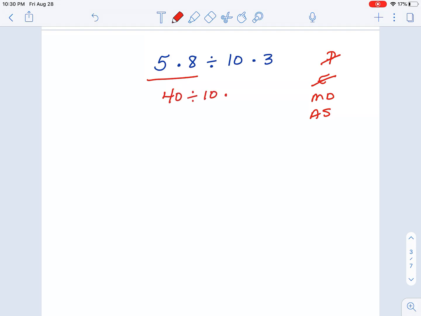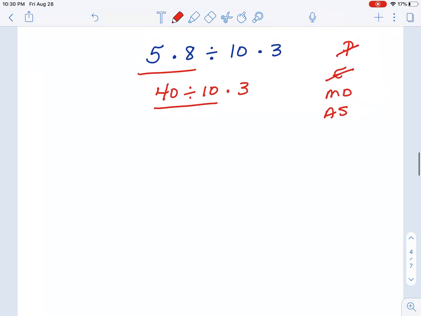Bring down my divide. 10 times 3. Do I have any more multiplication or division? Yes. I have 2, so I have to do it from left to right. So 40 divided by 10 is 4. And then bring down the times 3. And then 4 times 3 is 12.